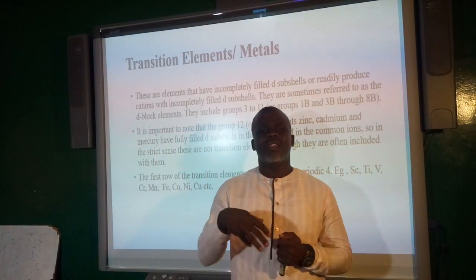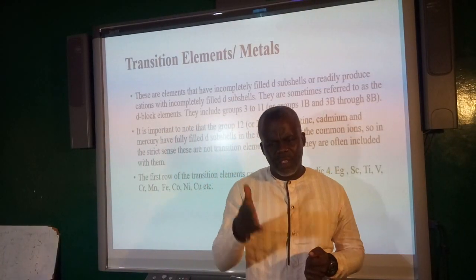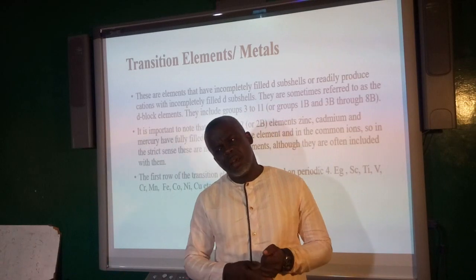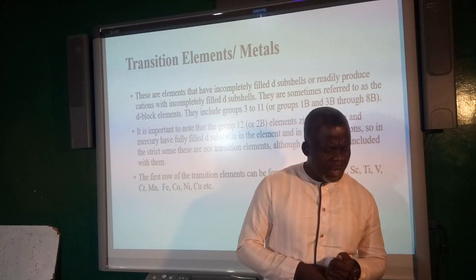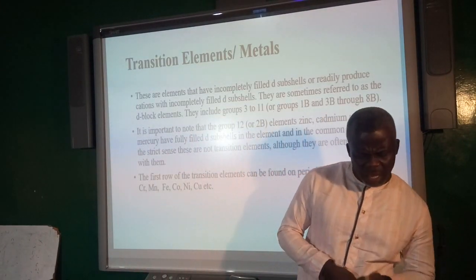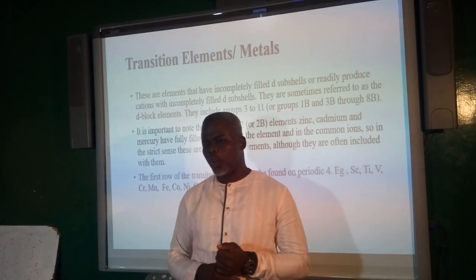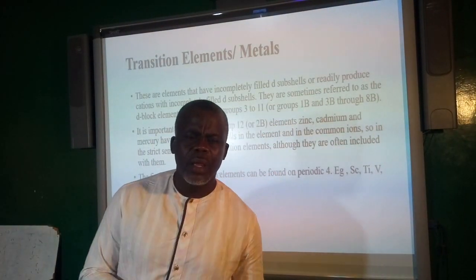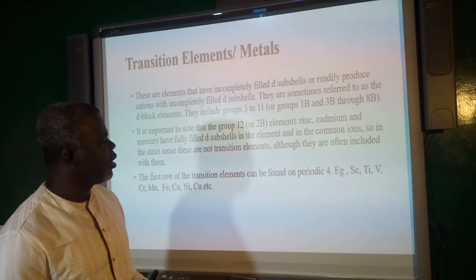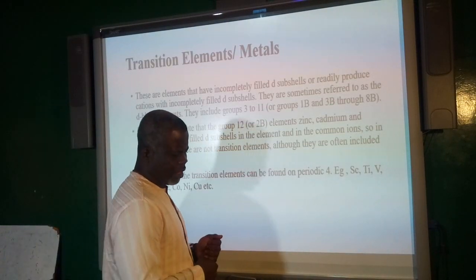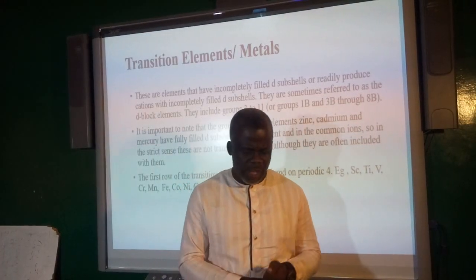Any element that has its valence electrons fall into the D subshell, normally the 4s2 and the 3d. They are the transition elements, and they include group 3, group 4, 5, 6, 7, 8, 9, 10, 11. Sometimes we include the group 12 also there.